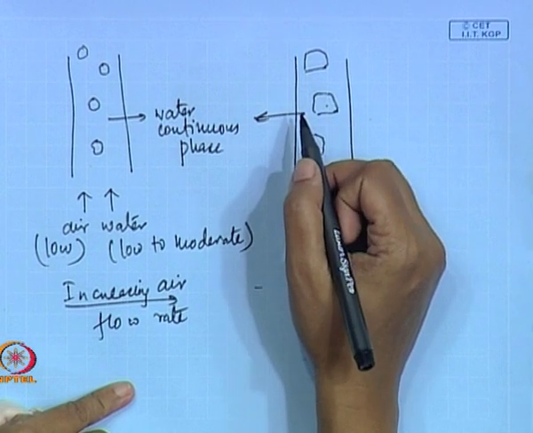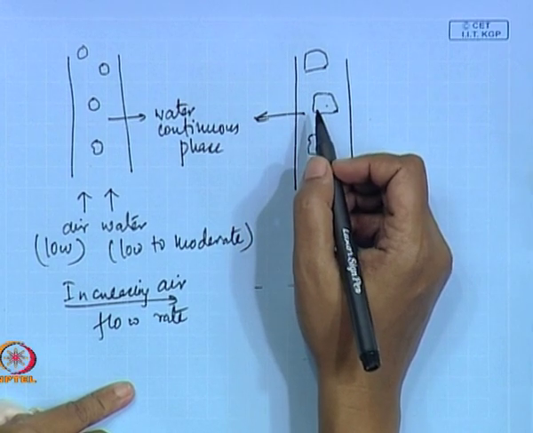It is simply water flowing as a continuous phase and the air phase dispersed uniformly as discrete bubbles, which may be spherical, non-spherical, oblate, spheroidal, ellipsoidal, cap shaped and so on.